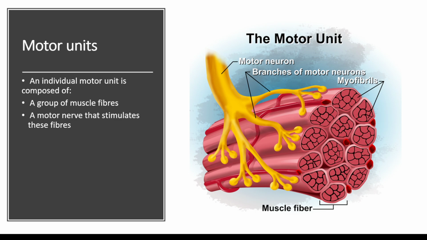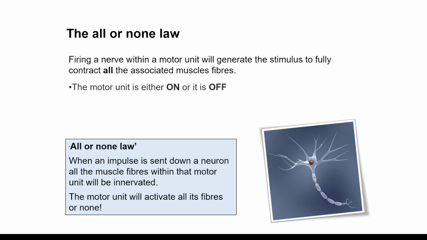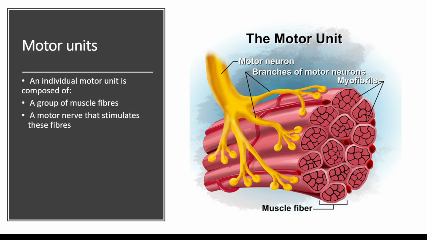So let's pull back that all or none law that I told you to put aside. When a nerve fires, that dendrite picks up the signal, sends it down. And let's just look back at this previous slide now. All of these little tentacles that come off and attach onto that muscle fiber. What we're suggesting is, as an electrical signal comes down that neuron, it can't just go down, say, one of those tentacles and stimulate part of that.